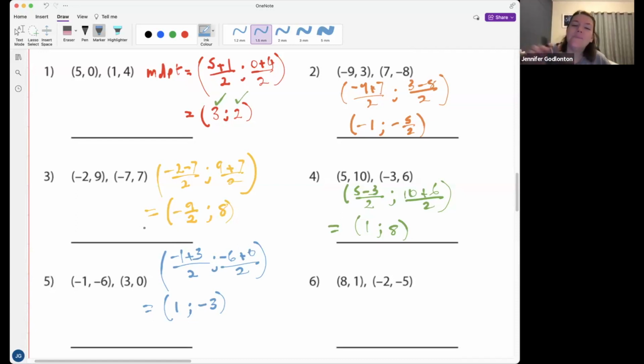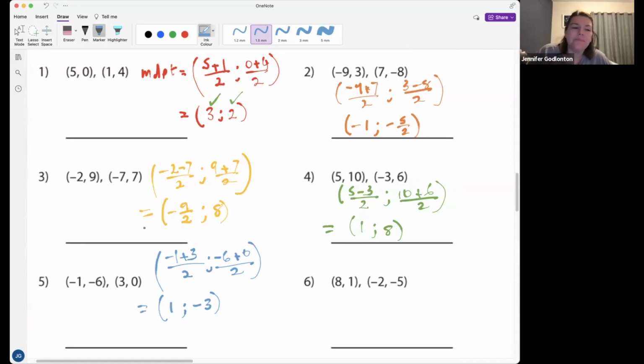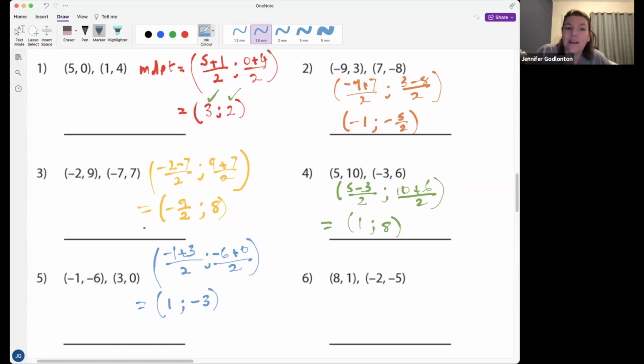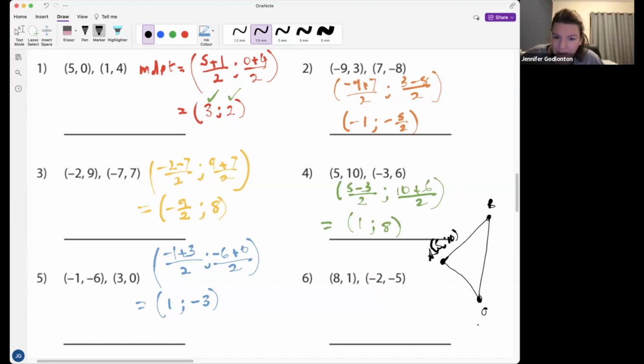So the thing is, I agree with you, teacher, it will be this easy. It just won't necessarily look this easy. So for example, they could give you a triangle that looks like that. And let's say the coordinates of A are 5 and 10, and C is -3 and 6.